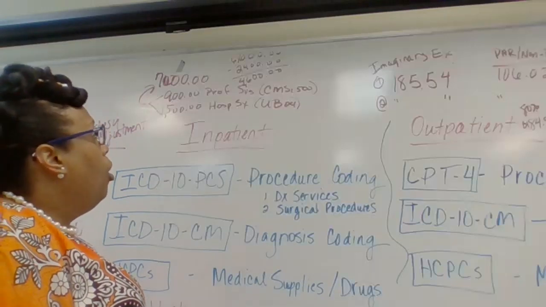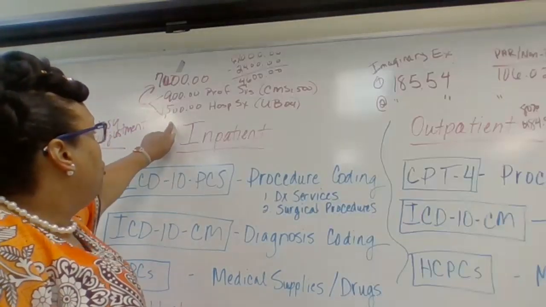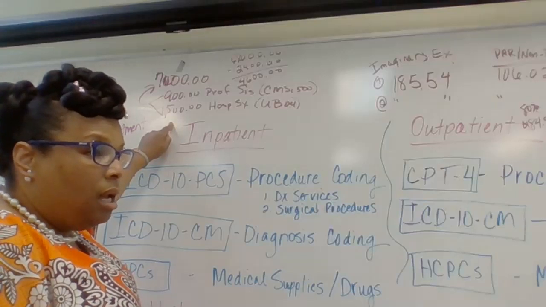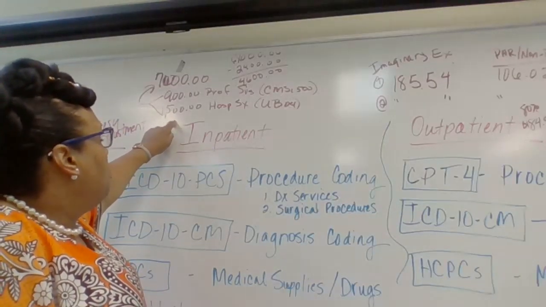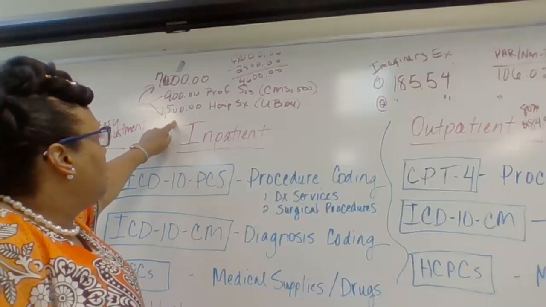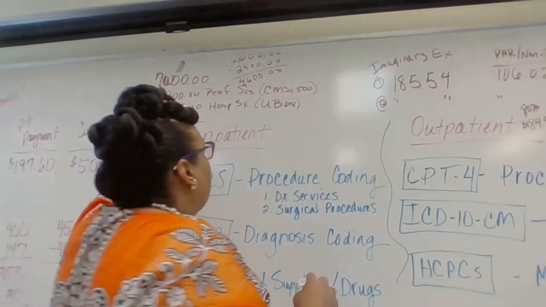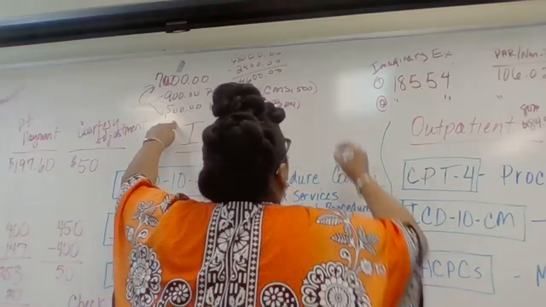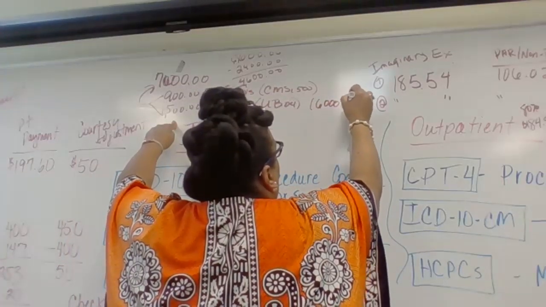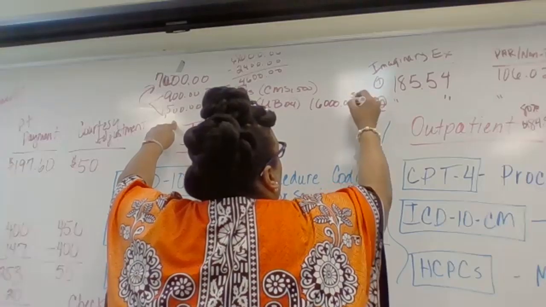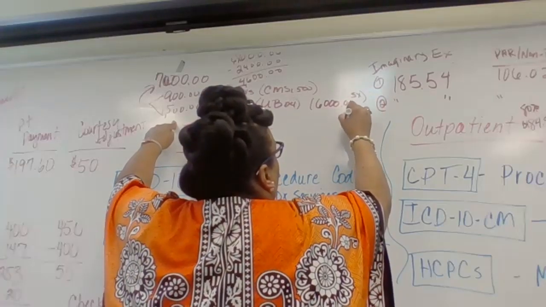Now, what the insurance company may do is, on their EOB, they're going to say, okay, $1,500 was applied to this. How much was your surgery? $6,000 for the surgery. $6,000 times 20%.